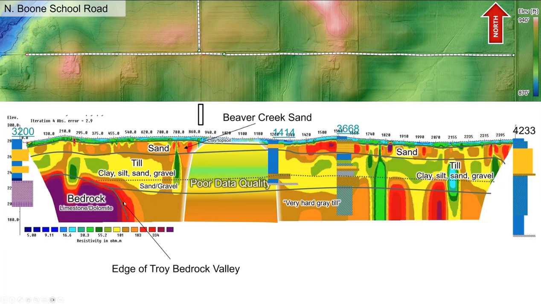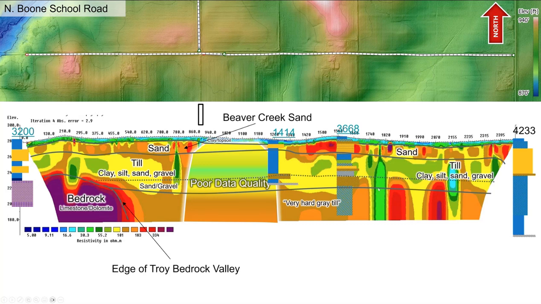It breaks off like a cliff. We didn't get that deep, but we saw the edge of that bedrock valley here on the west side. And we also picked up where that sand was, that Beaver Creek sand, that shallow aquifer that many shallow wells are actually tapping. Now, these are well records that are blowing through that sand to get to something deeper.